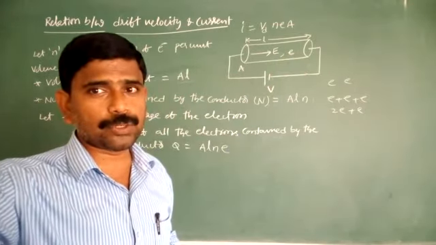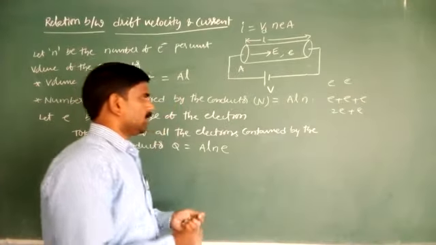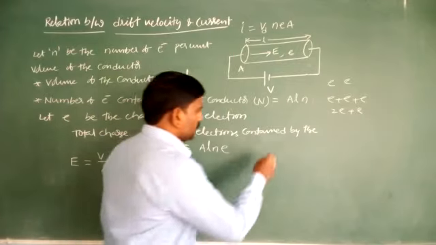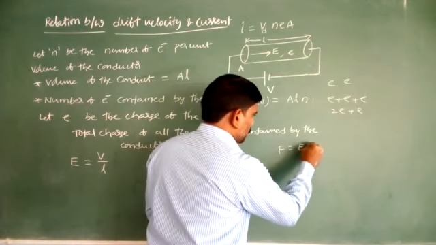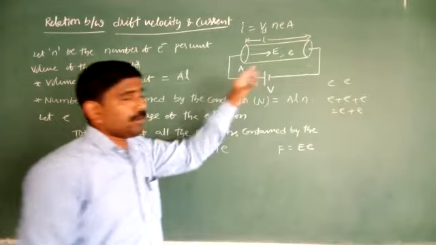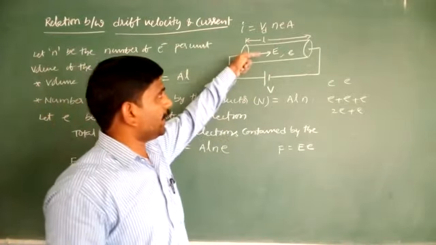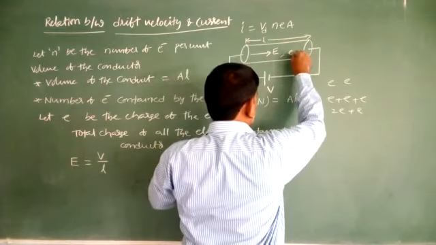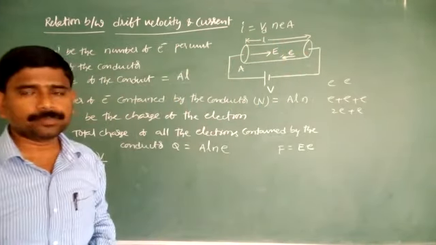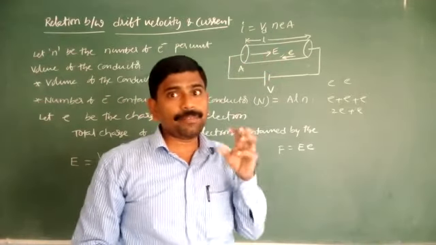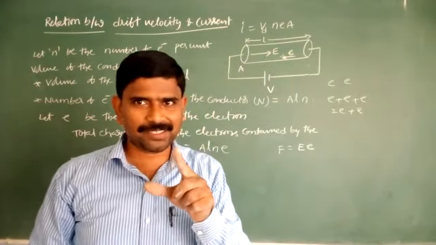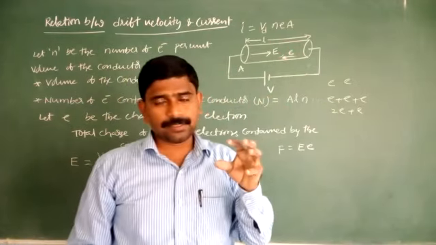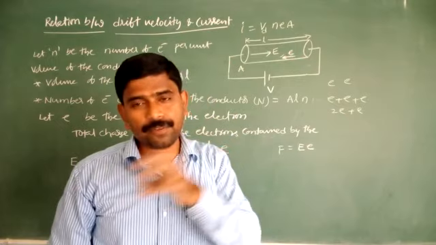So the force acting on the electron, F is equal to e into E. The electron moves opposite to the direction of the electric field. Electric field is in this direction, electrons are moving in the opposite direction with the velocity that is nothing but the drift velocity, the previous concept.